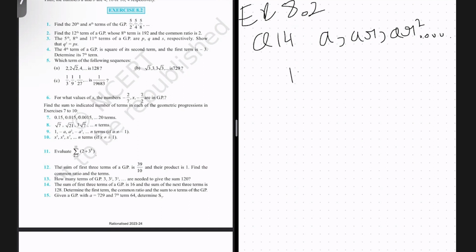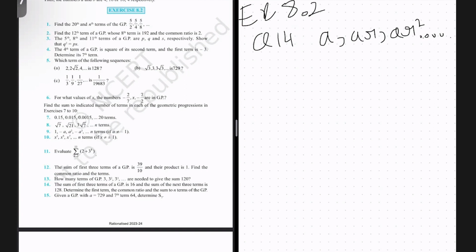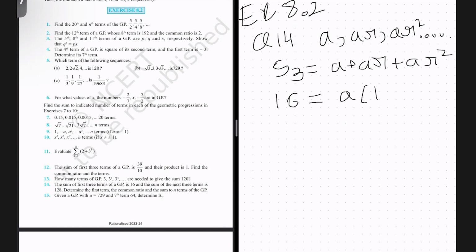So the sum of the first 3 terms, let us denote that by S of 3, is going to be nothing but a plus ar plus ar square, and that has been given to us as 16. Now I can take out a common from these 3 terms and express 16 as a into 1 plus r plus r square.